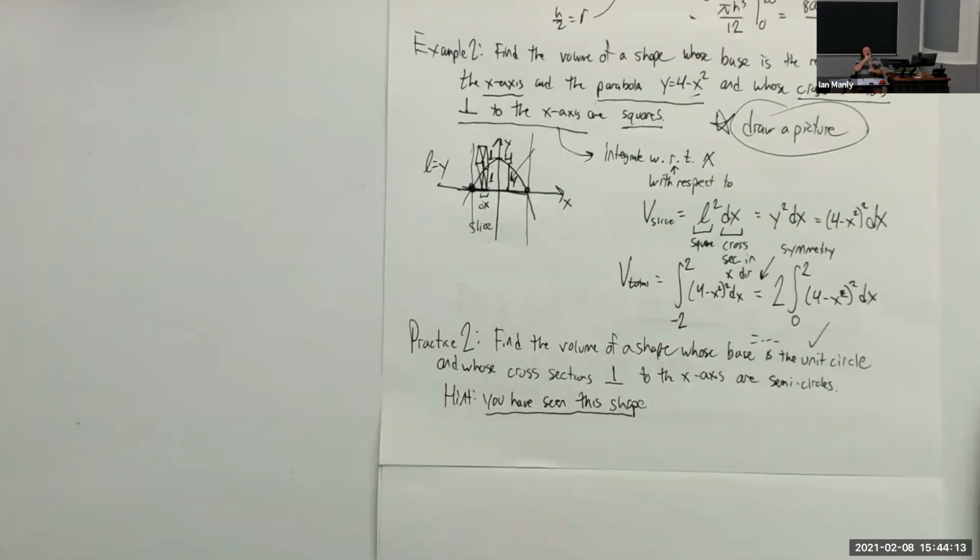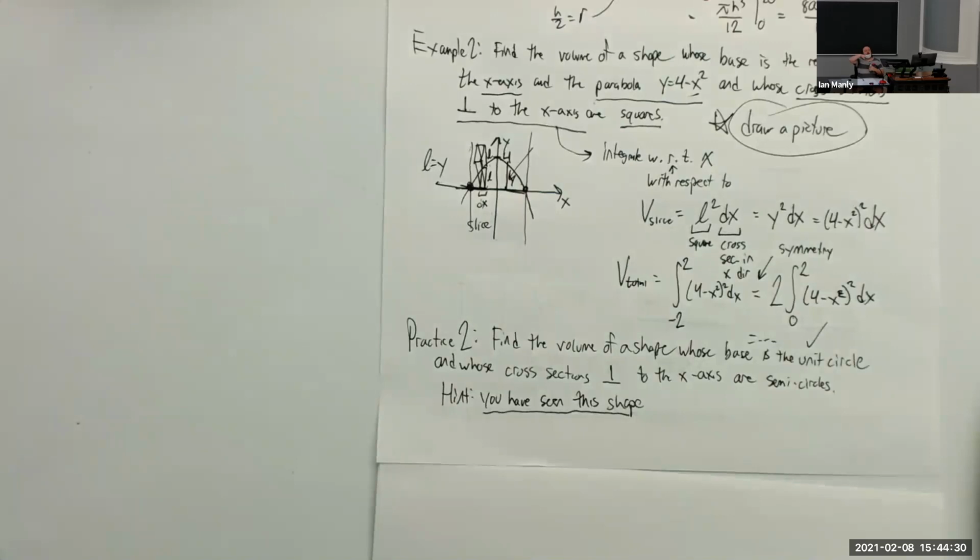Well, what do you think the shape is? Well, no, the unit circle is literally just the circle, and then you have these semicircles going across the top of it.